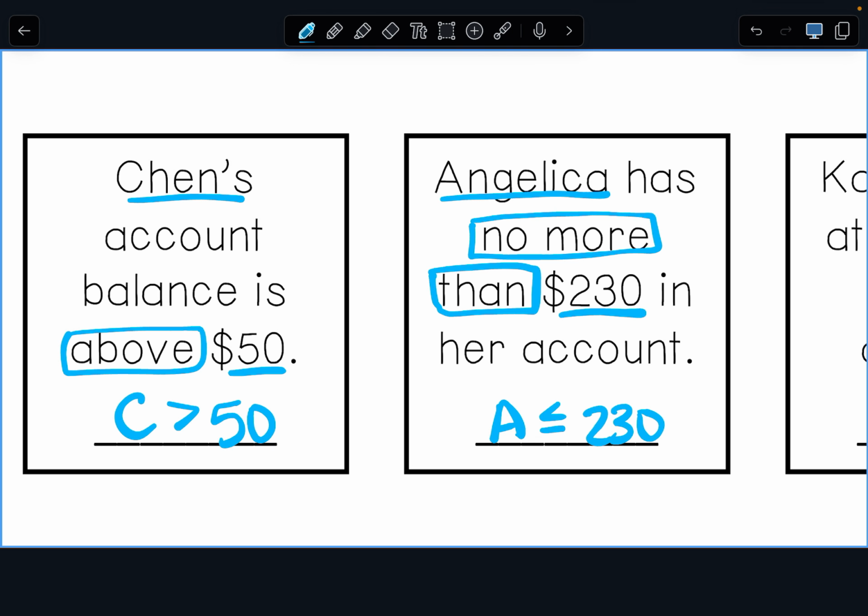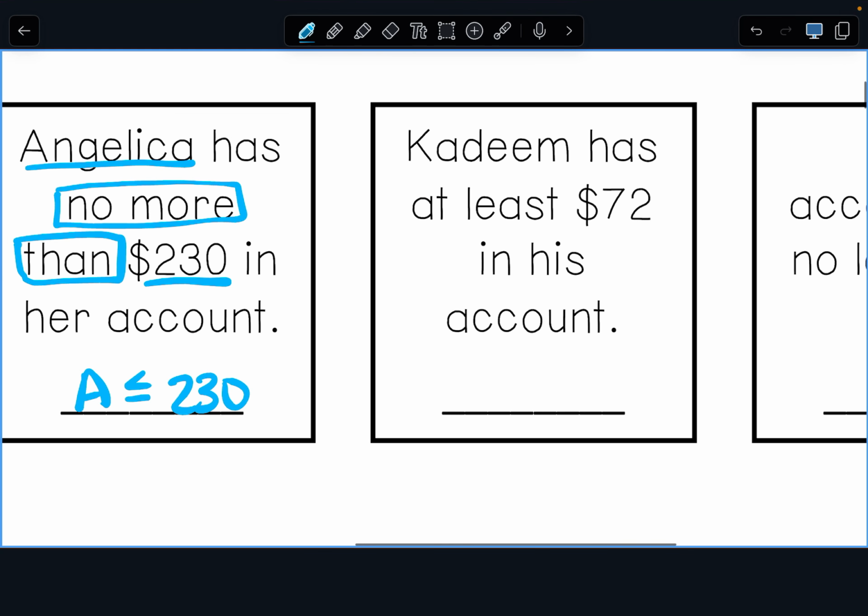Let's think of it in a context where I would use that. I give Jesus some money, and I tell him you can't spend no more than $230. Can you spend all 230? Yes. You can spend exactly 230, but you can't have more than 230, so you have to spend 230 or less. Good.